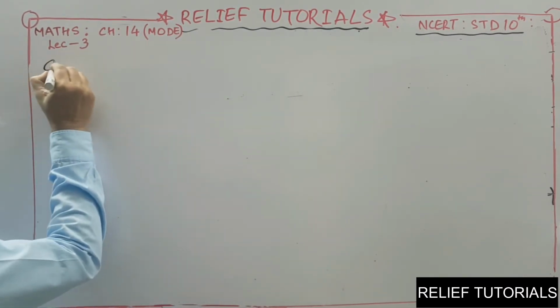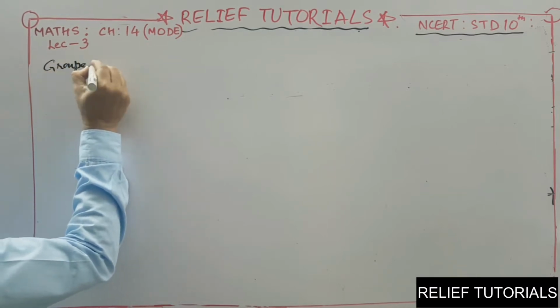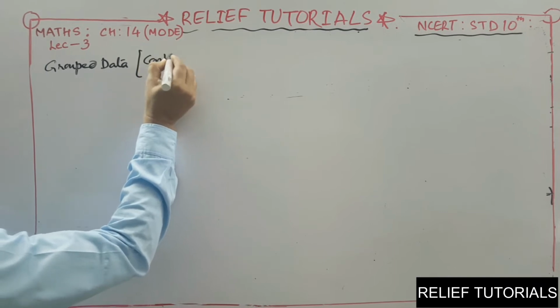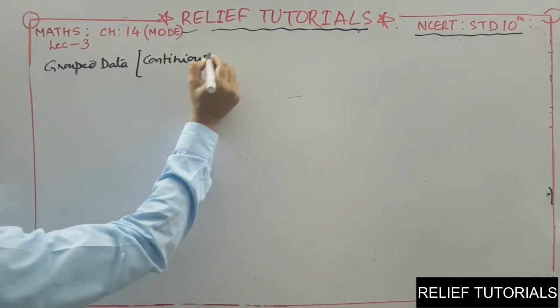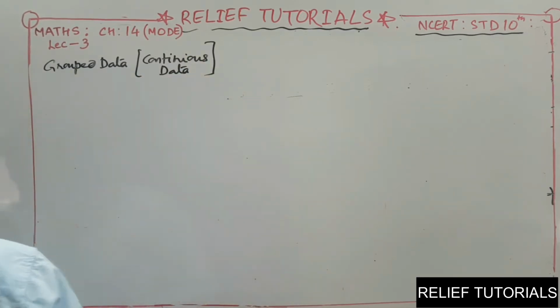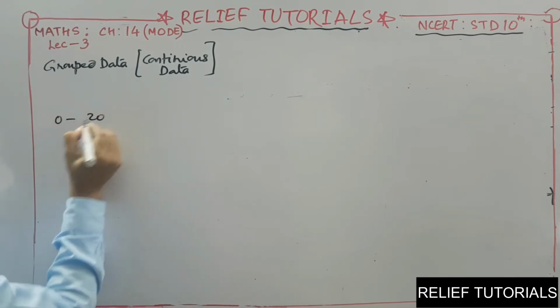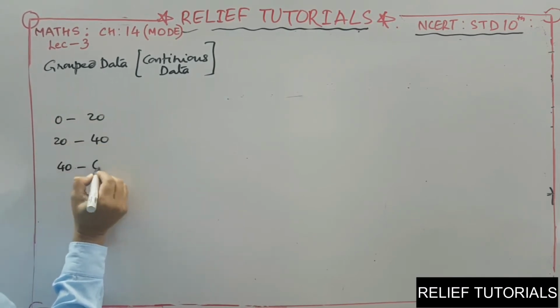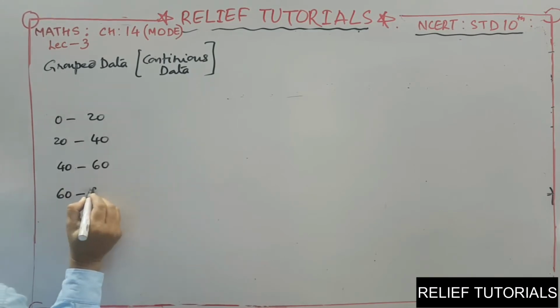Now, group data, and that is continuous data. We will take one example. So here 0 to 20, 20 to 40, 40 to 60, 60 to 80.